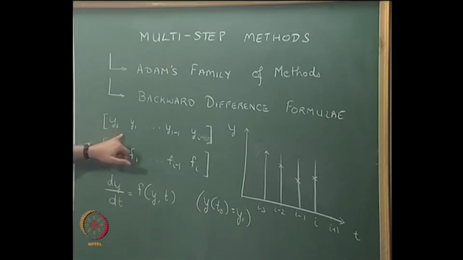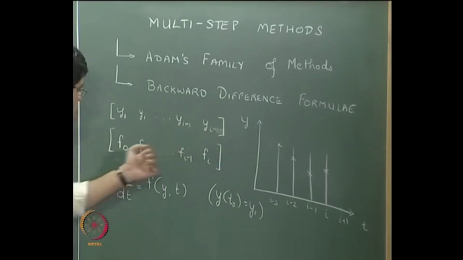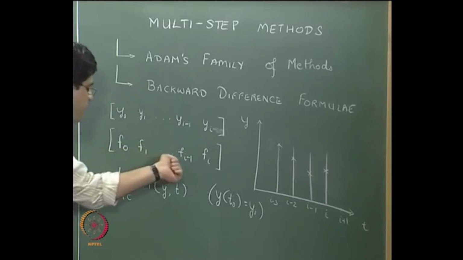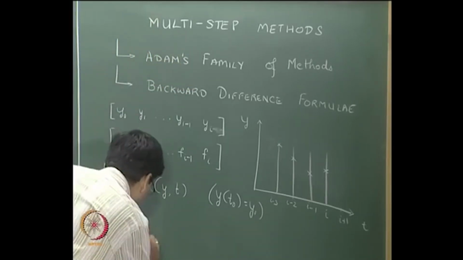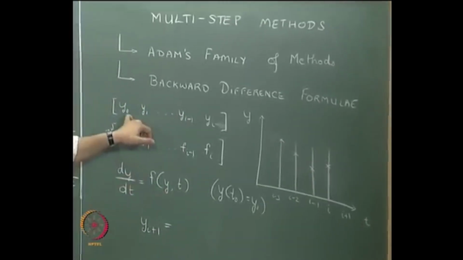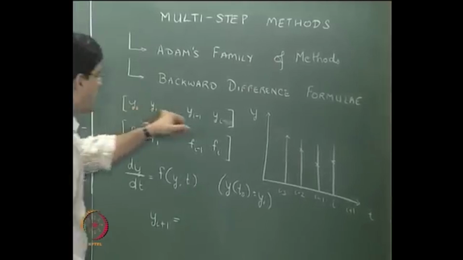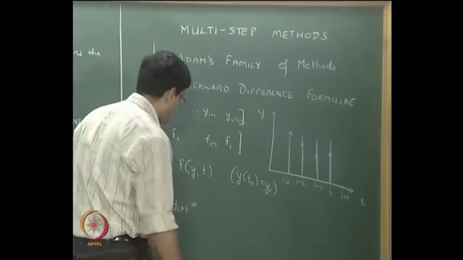Now given y0, we can compute all these values y1, y2, y3 up to yi, and having these values known to us, we can get f0, f1, f2 and so on up to fi. Okay. In the multi-step methods, what we try to do is this: y i plus 1, we will write as some kind of a weighted sum of the past y's as well as the past f's.